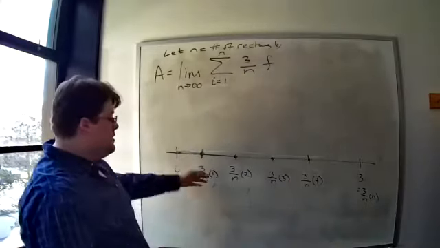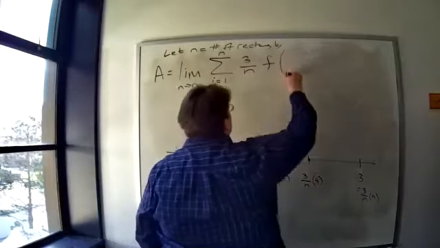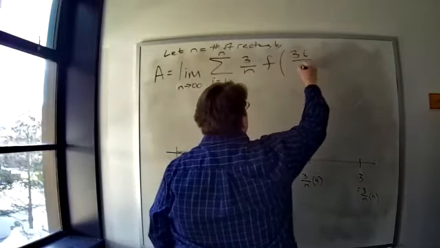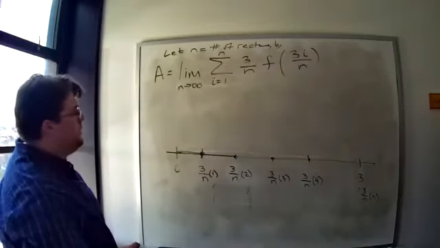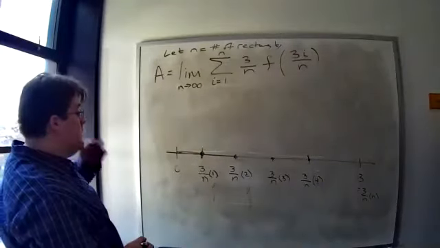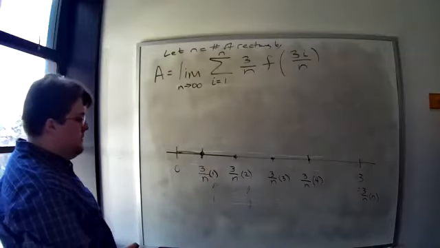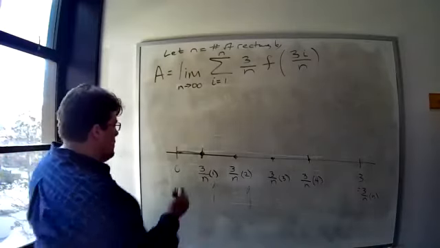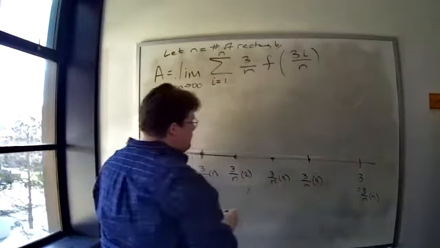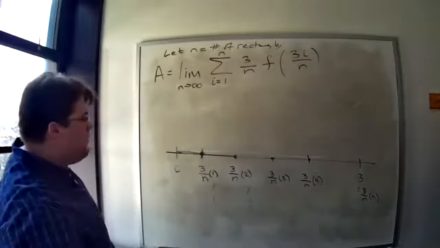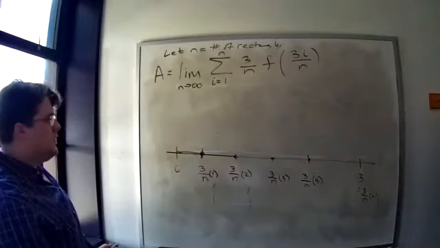So we have 3 over n times i. I'll just put that i in the numerator for now. So we get 3i over n. We're evaluating our function at 3i over n, and i counts through our rectangles. Any questions about setting that up?